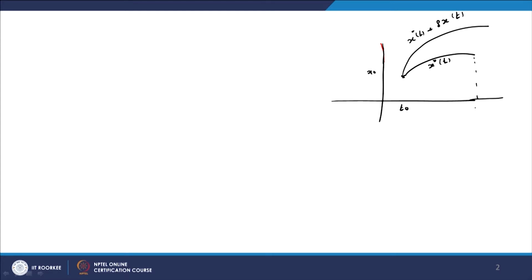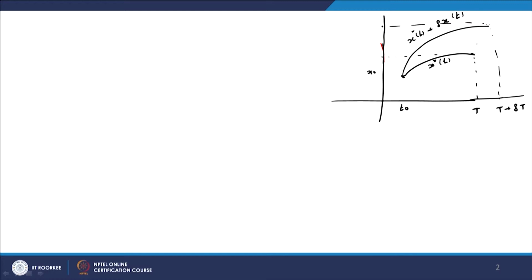Now, let us say this is the time t and this is the variation t plus delta t, because t may not be a fixed value, it also has a variation. The final position is also not a fixed value, it can have a variation. So, this is the final position for x star, and the final position for the variation x star plus del x star is this expression.